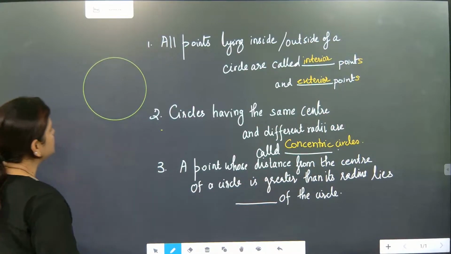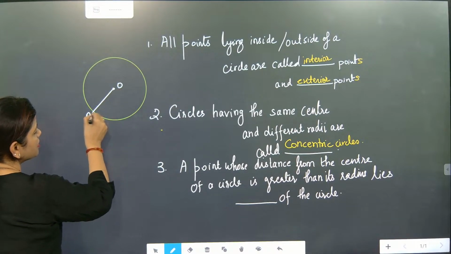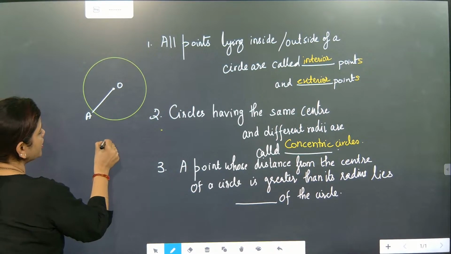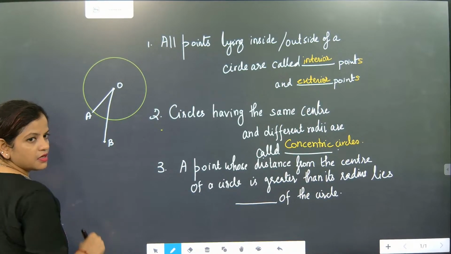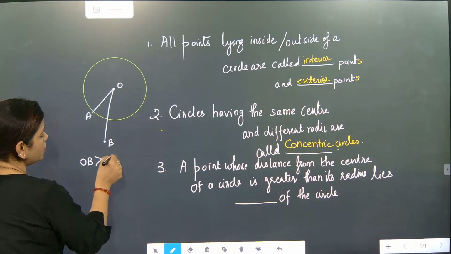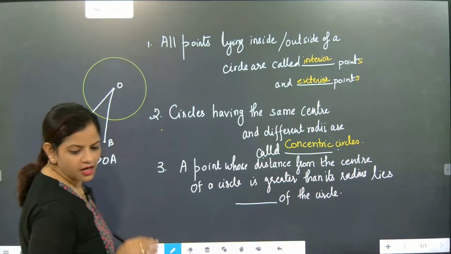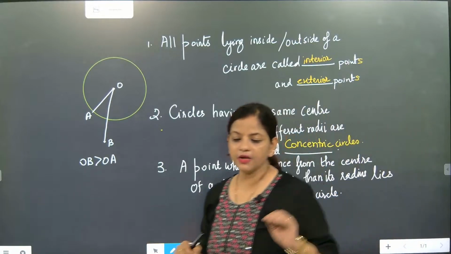Look here. See, this is the radius. O to A is what? Radius. Now this point whose distance is greater than the radius, that means OB is greater than OA. This point is called as what? Interior point or exterior point?